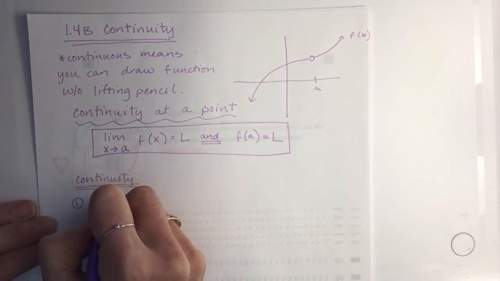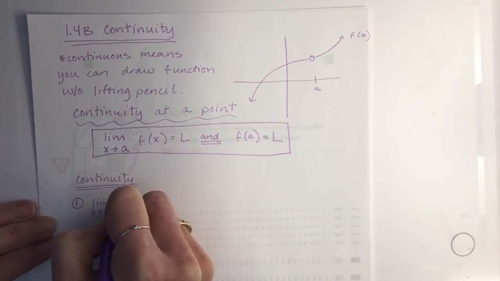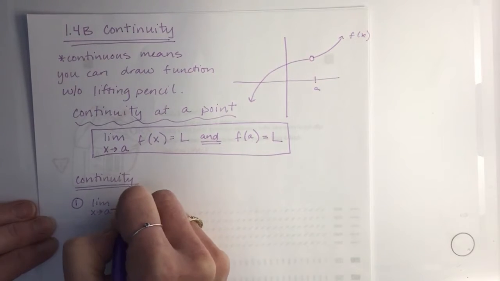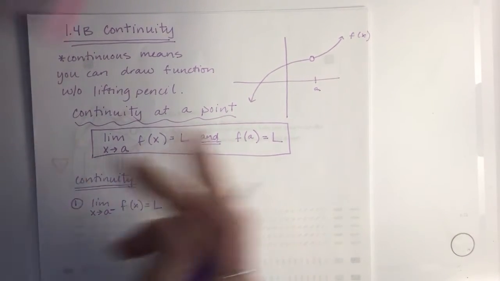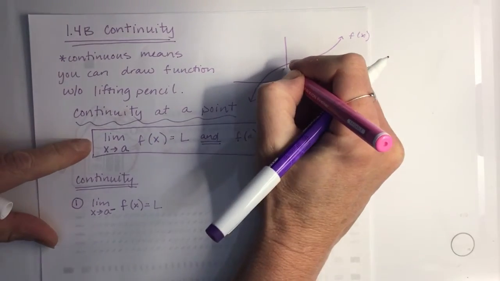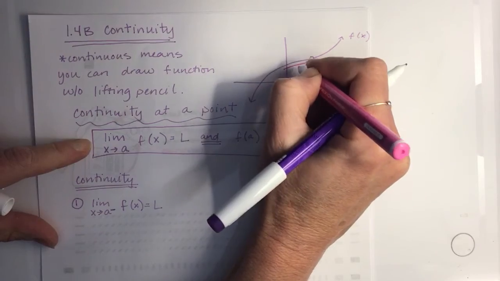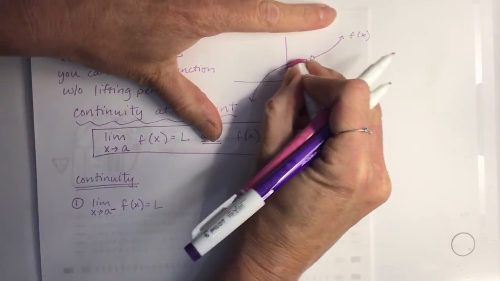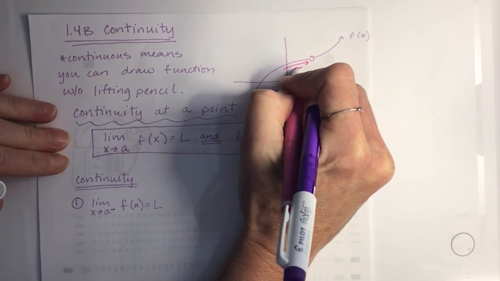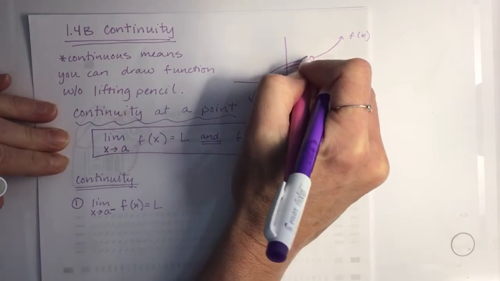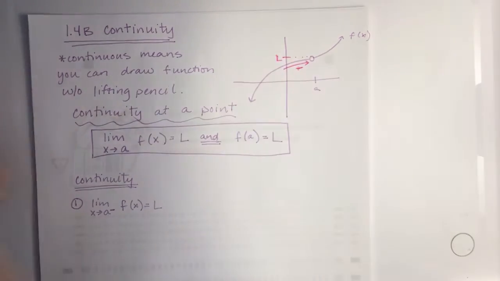We prove that the limit goes to A from the left. If we approach A from the left, we're getting L. Oops, that's not a plus, that's a minus, you guys.